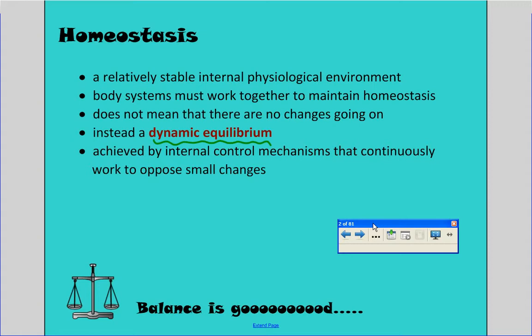And the way that it's maintained is through internal control mechanisms that are continuously working to oppose any small changes that happen within your body. So for instance, if your body temperature went up a little bit, then things will happen inside of you to try and bring it back down a little bit.